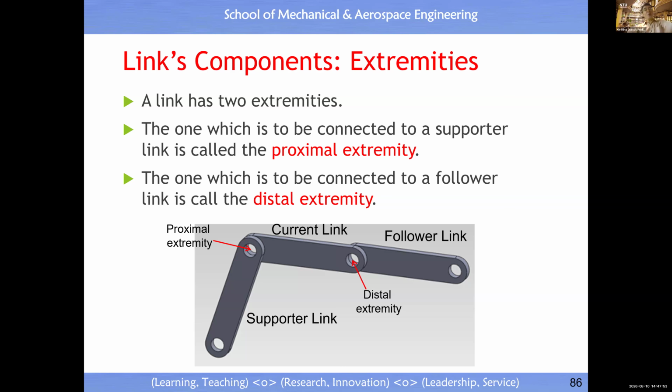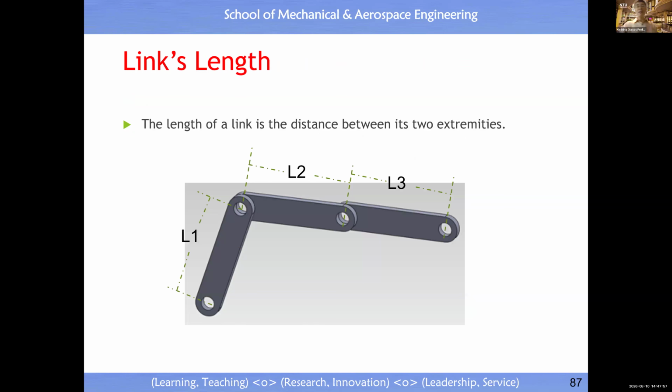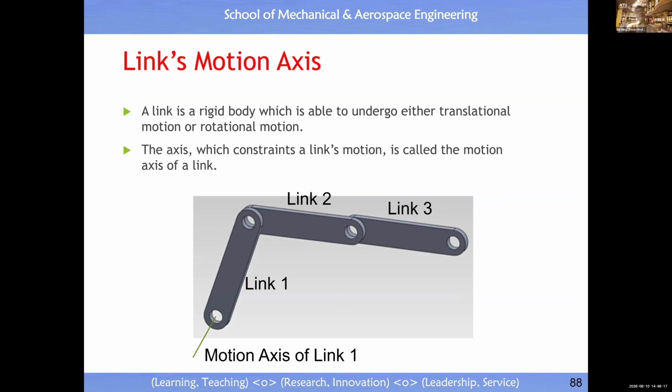You must follow convention; you cannot blindly assign. The convention in robotics is to assign it at the distal extremity, where the coordinate system represents the position and orientation of the link. This is a convention adopted in robotics, you must follow.